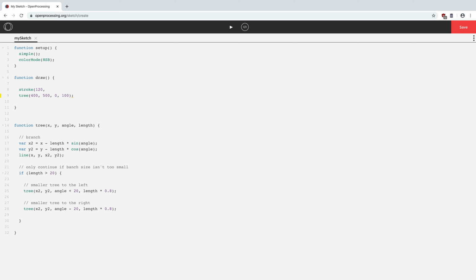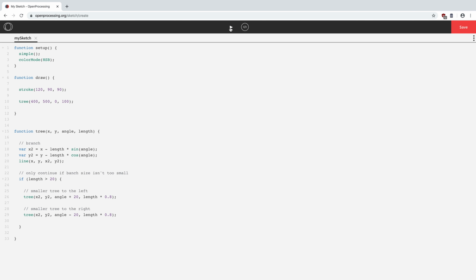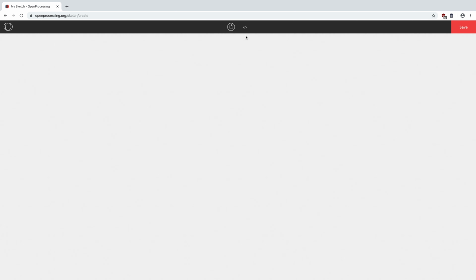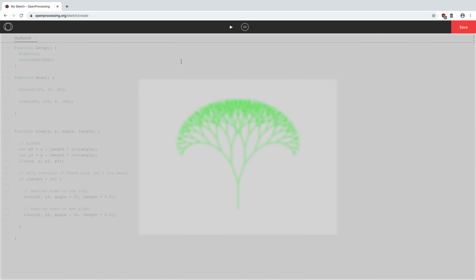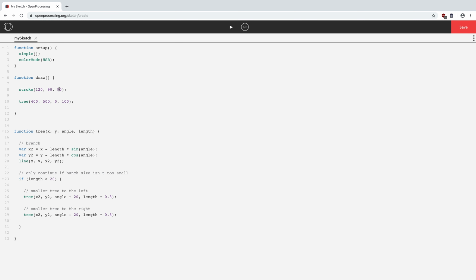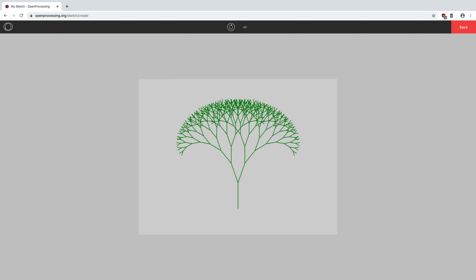Let's call it saturation of, I don't know, 90. Let's just try that. That's a bit too bright. Let's make it darker. Hue, saturation, brightness. Let's say 50. There, that's a nicer green.